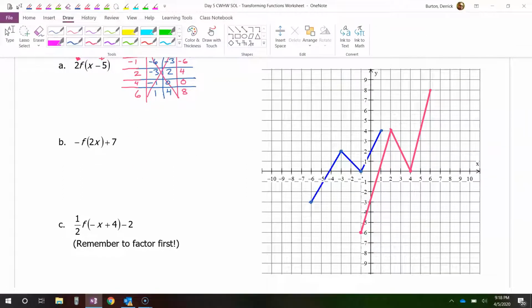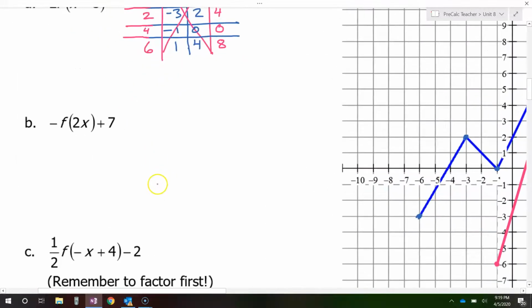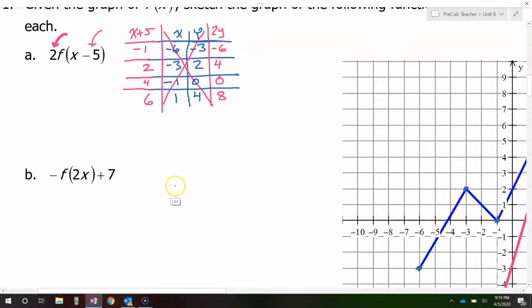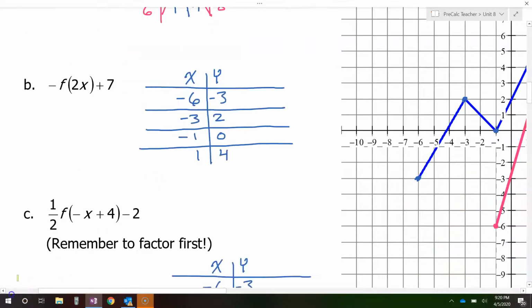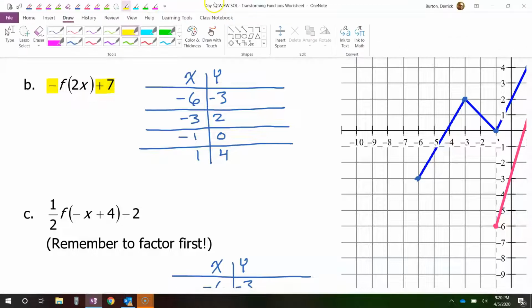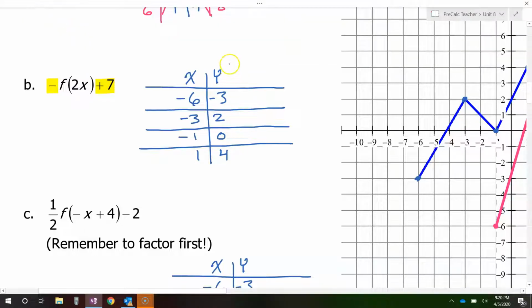So now I'm going to change colors. Well, first I need to basically recopy the blue numbers down. So let me just do that again. Now, remember, anything happening outside the function is happening to the y values. So everything that I just highlighted in yellow is about to be something that happens to the y values.